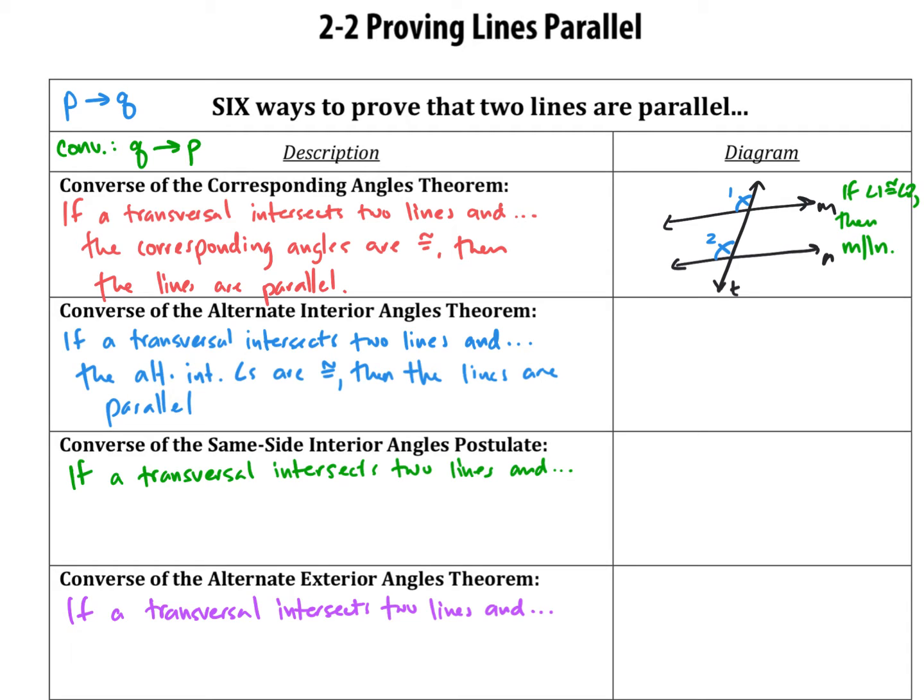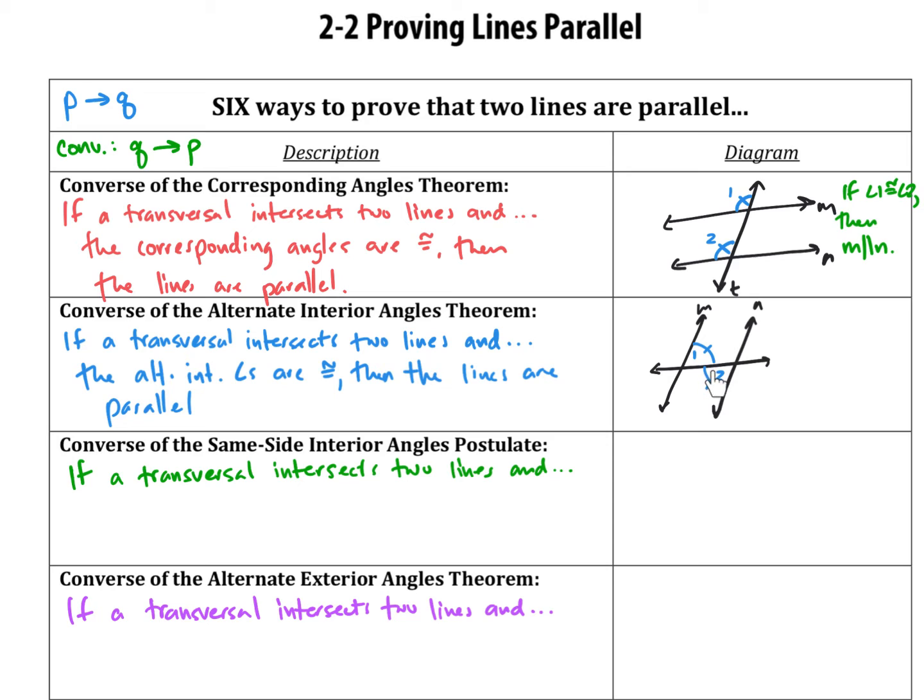So again, what this might look like in a picture, maybe we have line M here, we have line N here, we have a transversal going across there, and perhaps we have angle 1 here and angle 2 here, and those two angles are congruent. Those two angles are alternate interior angles.